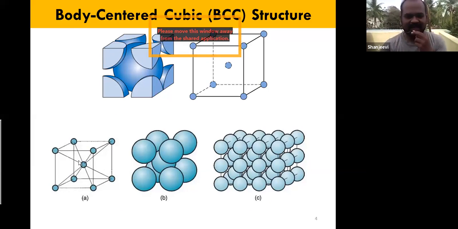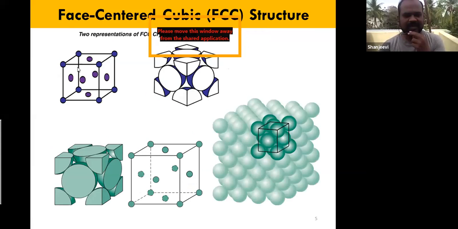You can see all the corner atoms, the top four and bottom four, and one atom at the body center. This is the 3D structure, a cluster of atoms like this. If you talk about a face-centered cubic structure, it has the same top four and bottom four.